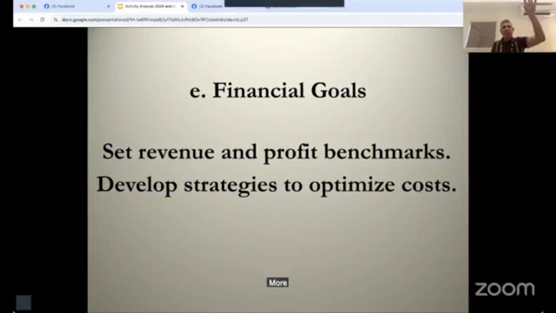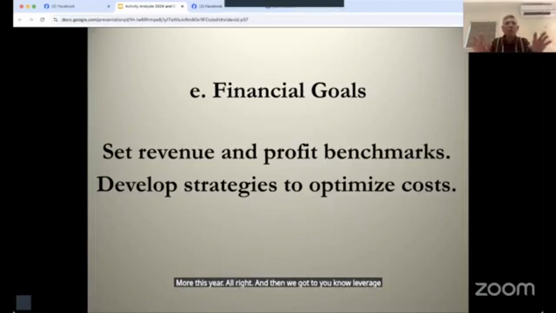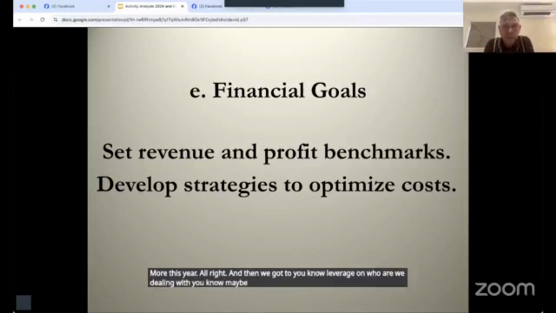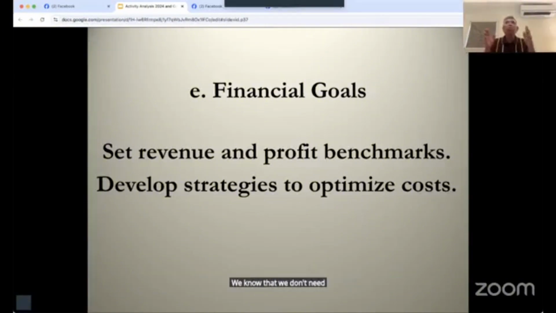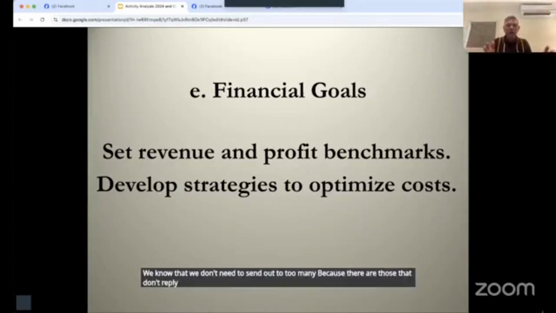All right. And then we gotta leverage on who are we dealing with? Maybe you don't need to deal with 40 anymore. Maybe you just downsize to 20. Just like now in our office, we know that we don't need to send out to too many because there are those that don't reply or never work our listings anyway, but we have a relationship.